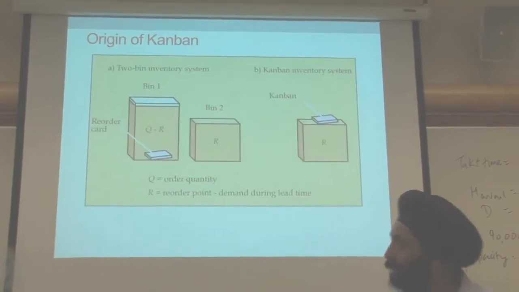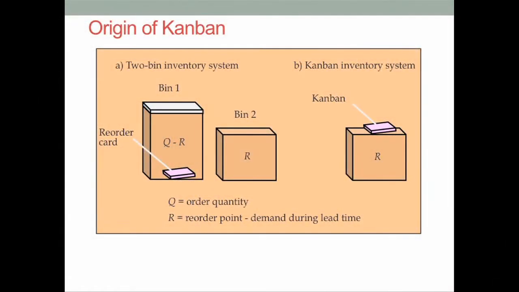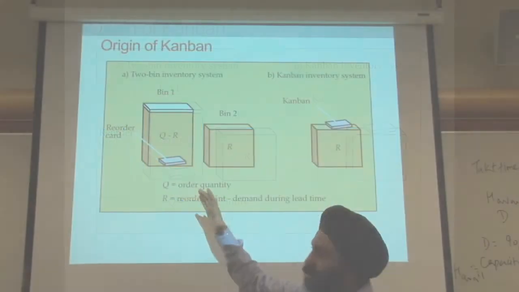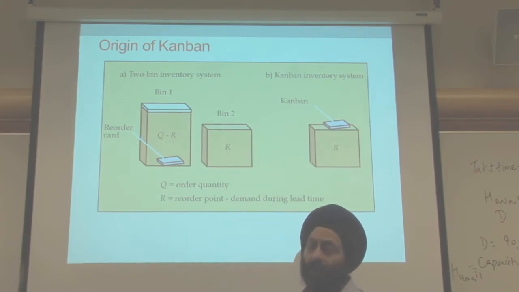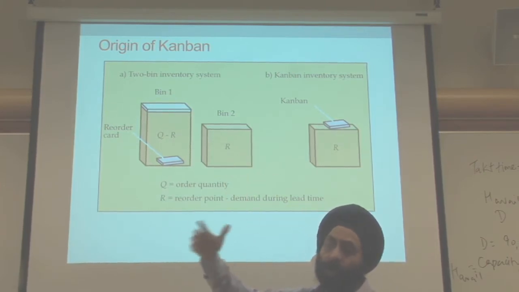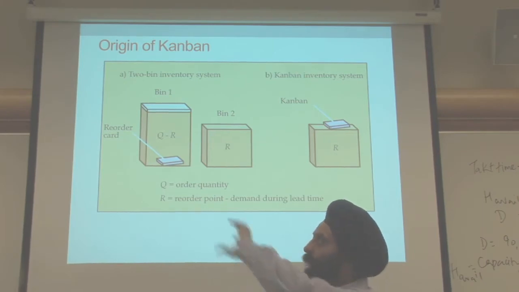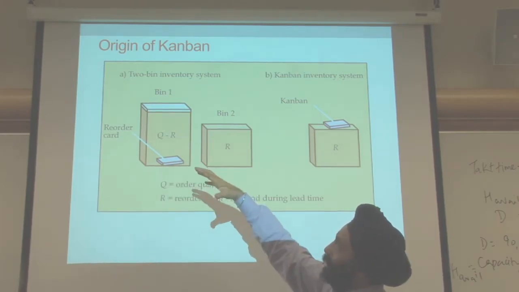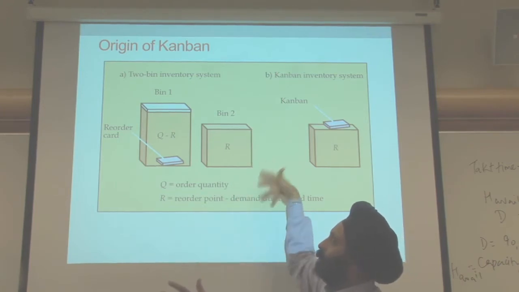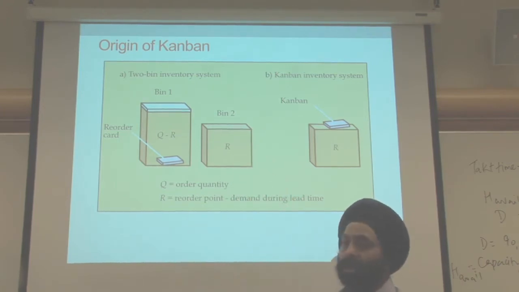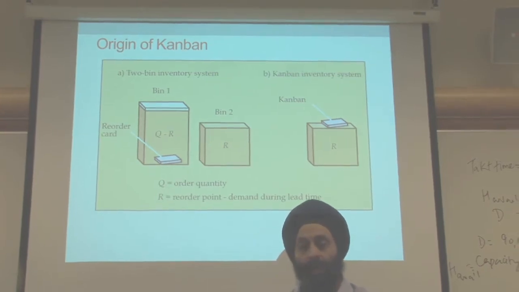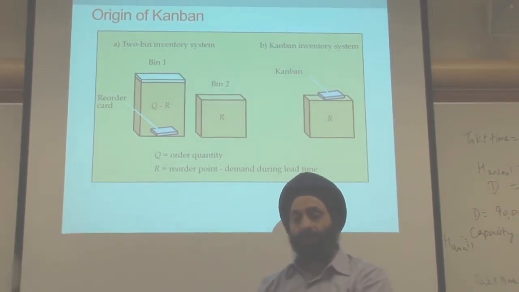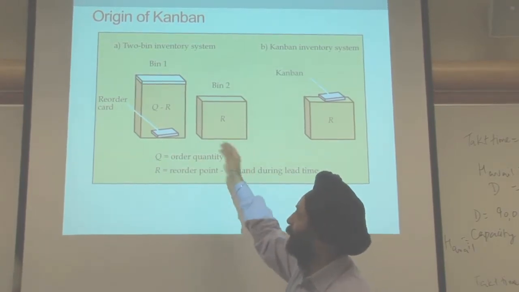So the origin of Kanban is the two-bin inventory system. You can see, back from our discussion of inventory management, we start producing as soon as we reach a reorder level. So you end up creating two bins. If we carry a total quantity Q, Q minus R is kept in one bin, and R is the reorder point, which indicates how much quantity it will take to suffice during the lead time for supply from the supplier.